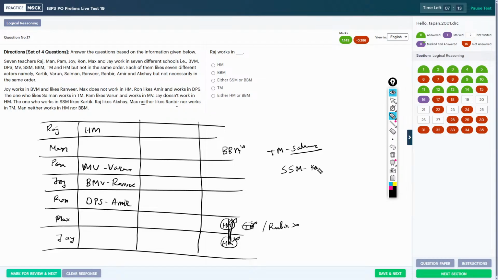SSM, Karthik and Raj likes Akshay. So Raj is in HM, right? For sure. Am I sure about it? Because HM, command can be in HM, right? Yes, HM or BBM.